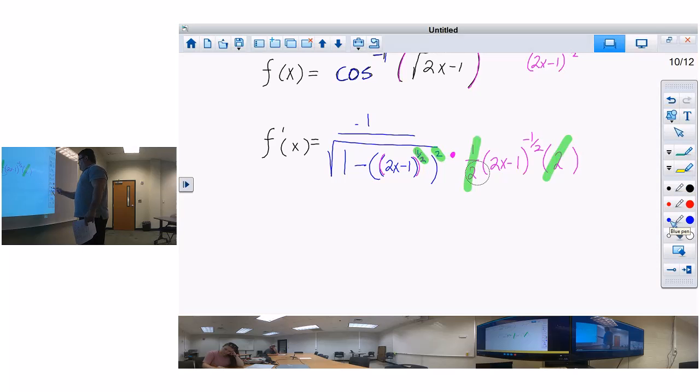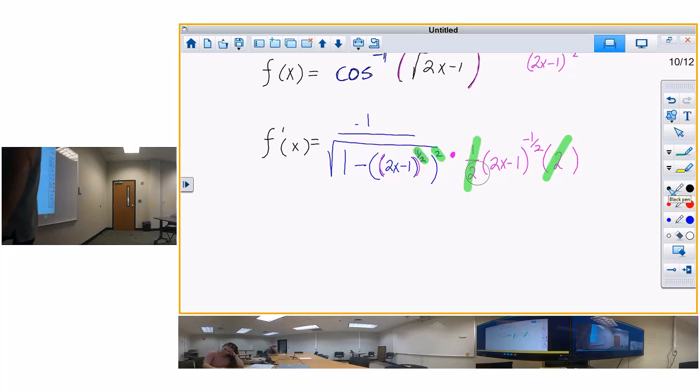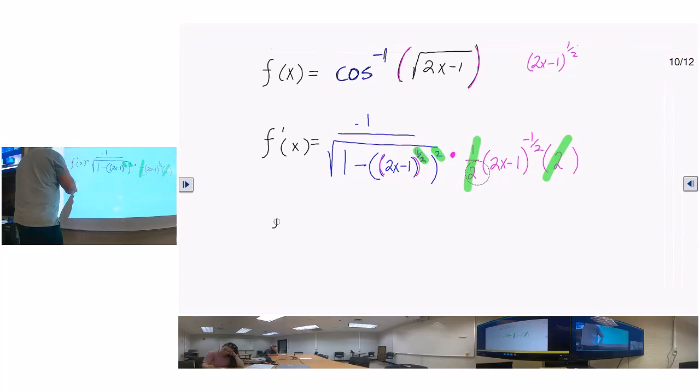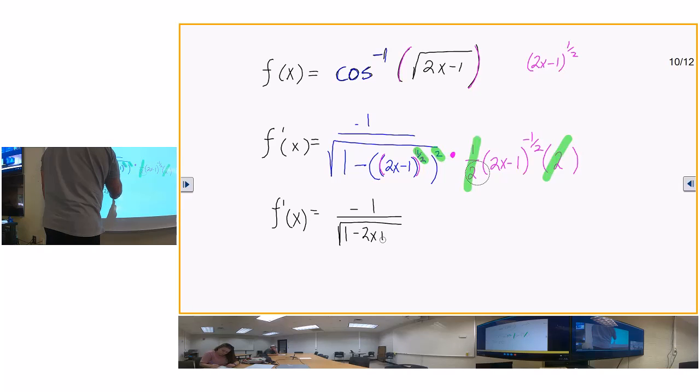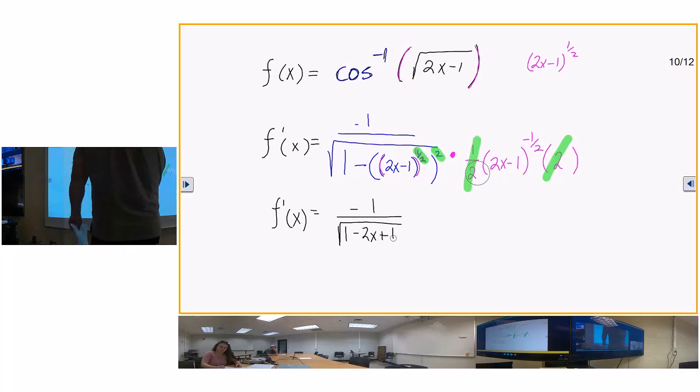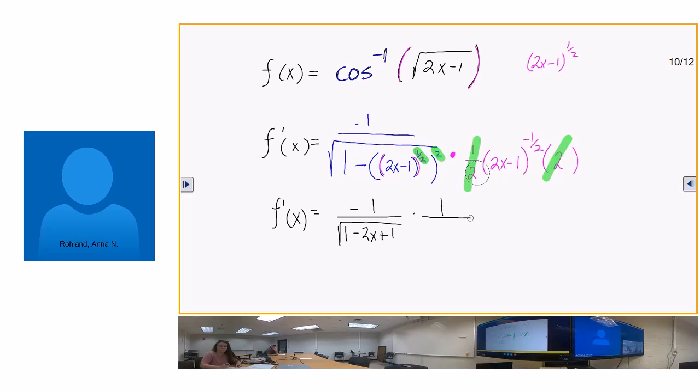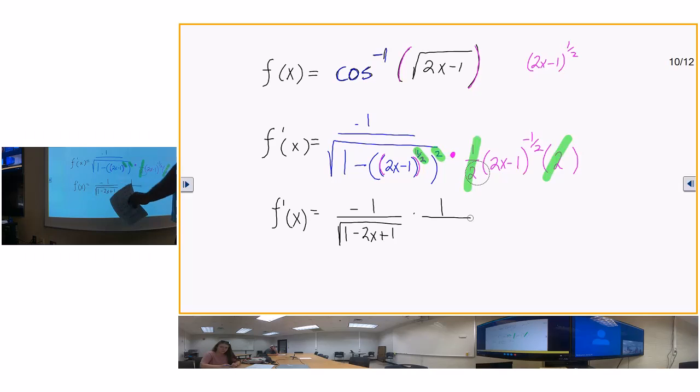Let's just rewrite the whole thing. f prime of x is equal to -1 over the square root of 1 minus 2x plus 1. Y'all check me there. It should be 2x minus 1. Never mind, I'm doing it step by step, but thank you.